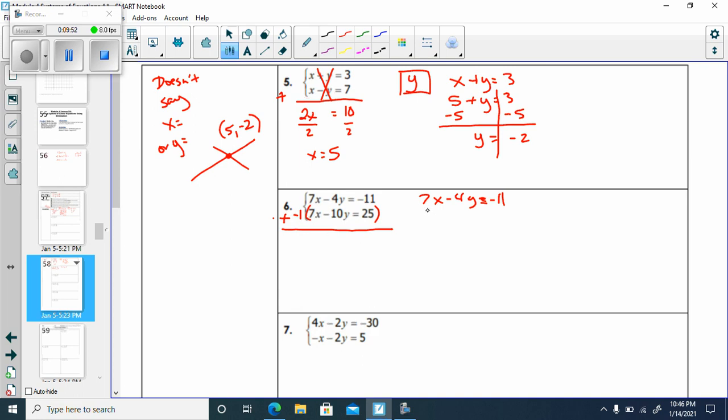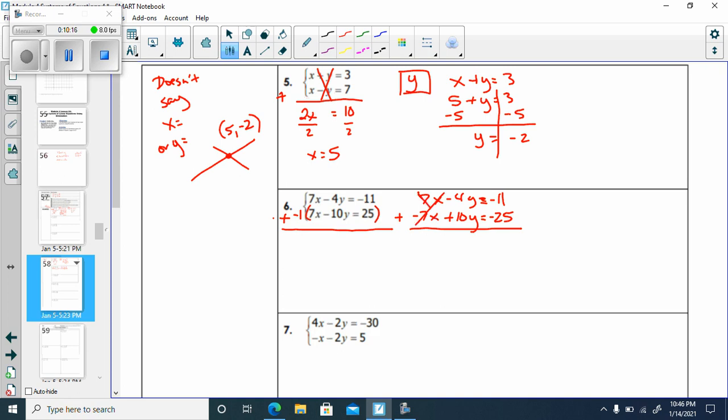Negative 1 times negative 7x would give me a negative 7x. Negative 1 times negative 10y would give me a positive 10y. Negative 1 times a positive 25 is a negative 25. Okay? 7x plus negative 7x gives you 0.